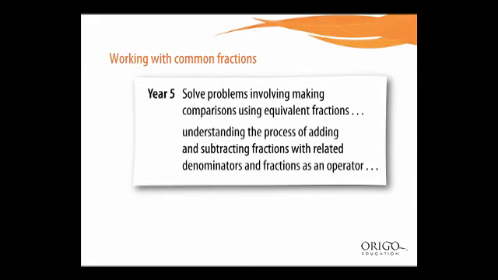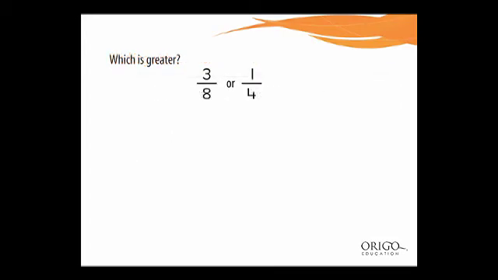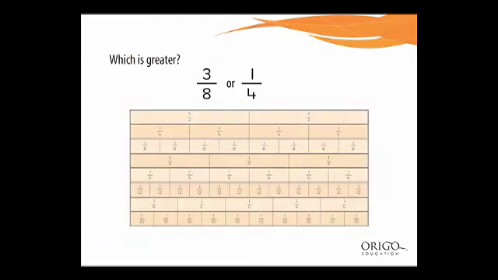Year 5, we get into more equivalent fractions, but also related denominators. This is not operating at all. This is simply saying what's larger, what's greater. 3/8 or 1/4. Again, the linear model, or hybrid between linear and area. Where's 3/8 on this mat?